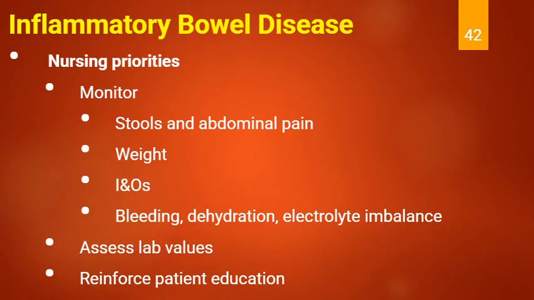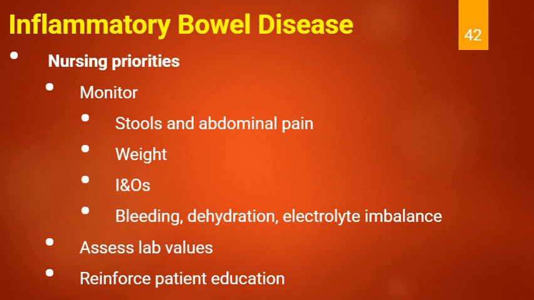Nursing care for patients with inflammatory bowel disease focuses on careful assessment, symptom monitoring, and patient education. During an acute flare, nurses monitor stool frequency and characteristics, abdominal pain, bowel sounds, vital signs, intake and output, daily weight, and laboratory values related to anemia and electrolyte balance. Nutrition is also an important concern.